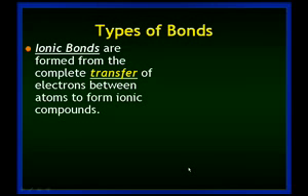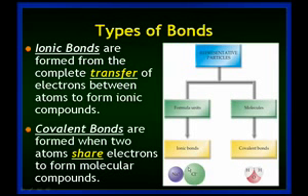So your ionic bonds are formed when you have a complete transfer of electrons between atoms in order to form a compound. And then you've got covalent bonds when two atoms share electrons to make those molecular bonds. In this section, we're going to learn about ionic bonds and another type of bonding called metallic bonds. In the next recording, you will learn about covalent bonds.